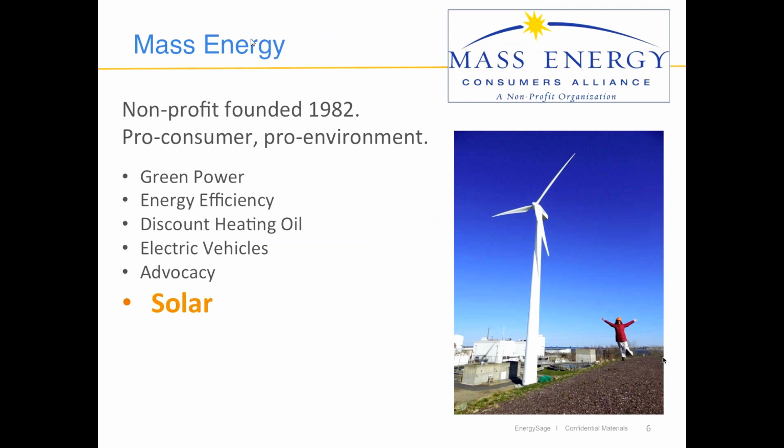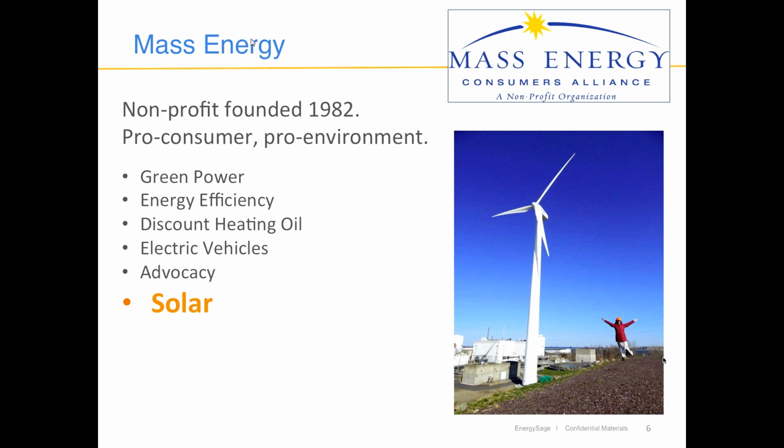So Mass Energy, we're a nonprofit. We were founded a long time ago. We're celebrating our 35th anniversary this year. We are pro-consumer, as our name says, Mass Energy Consumers Alliance, and we are pro-environment. We have a green power program. We support energy efficiency. We have a discount heating oil service.